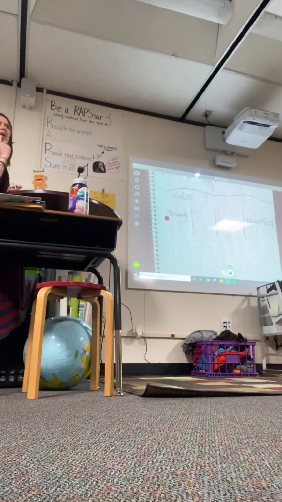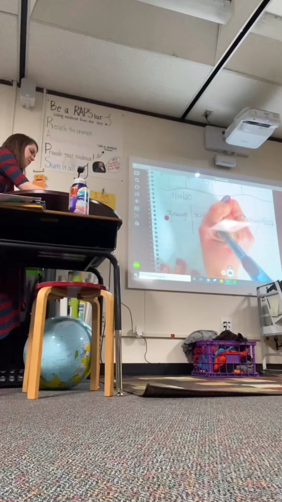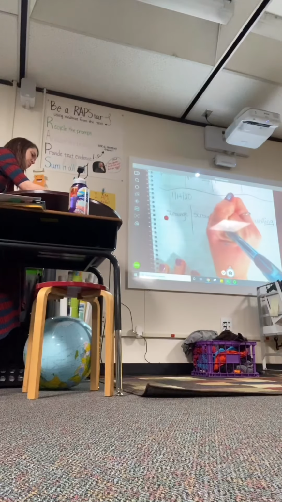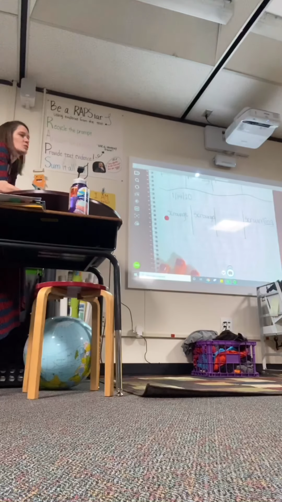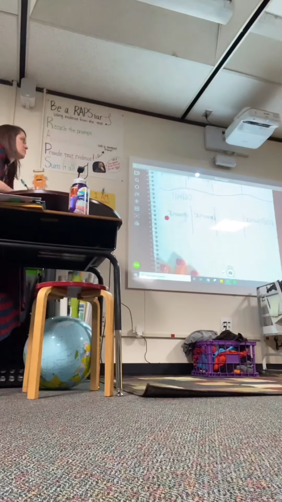Excellent. How would you spell it? SCROUNGES. What is the inflectional ending that we added to the end of scrounge? S, not ES, just S, because the E's already there. That's right.